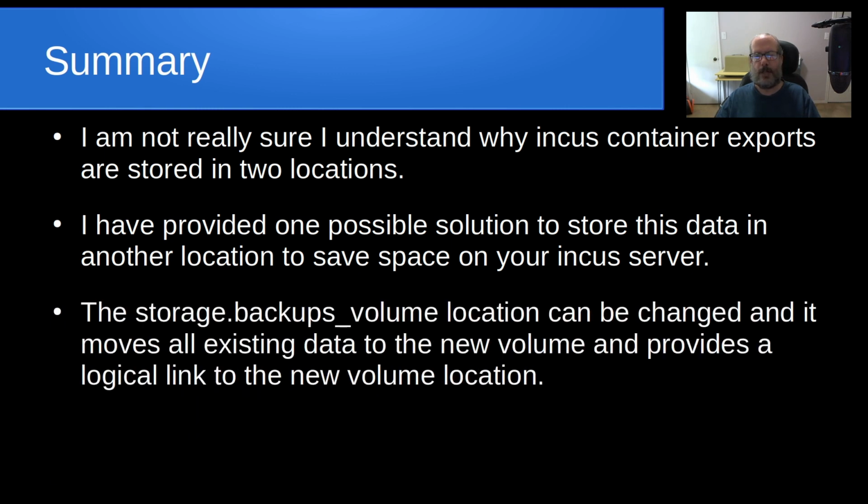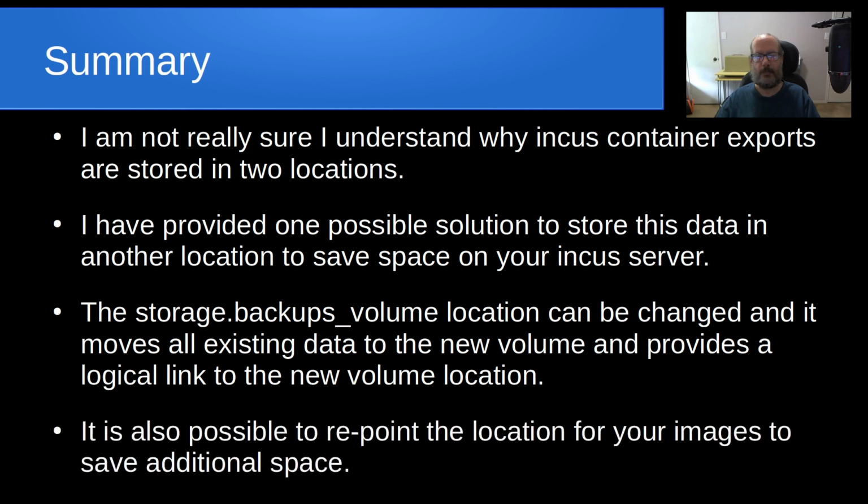And the storage.backups_volume location can be changed, and it moves all existing data to the new volume and provides a logical link to the new volume location. And it's also possible to repoint the location for your custom images to save additional space as well.